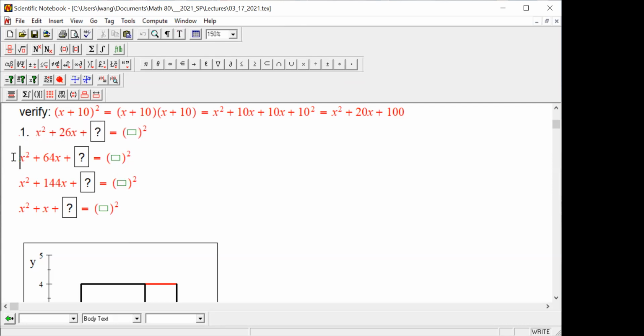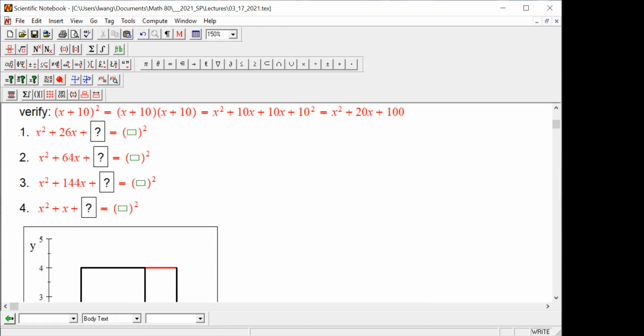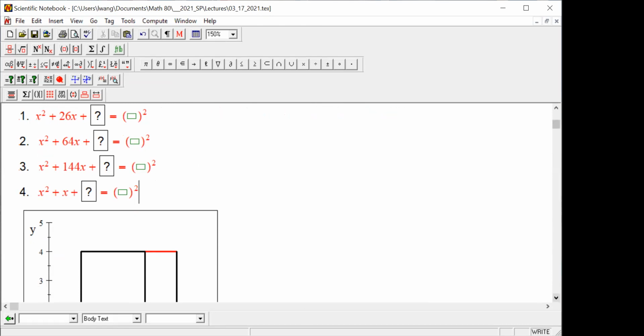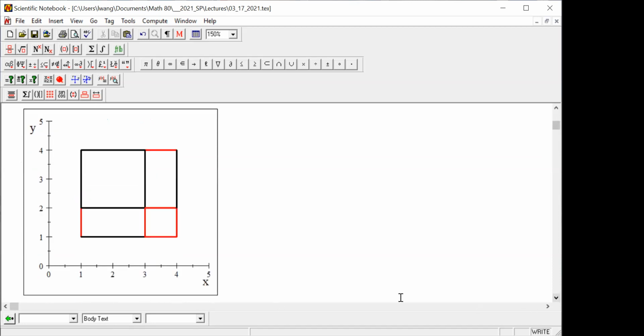Give me the answer for number 1, 2, 3, 4. You need to get this, okay? This week, there'll be quizzes on these. Making perfect square. You're probably busy verifying, right? That's very good. Verifying those.